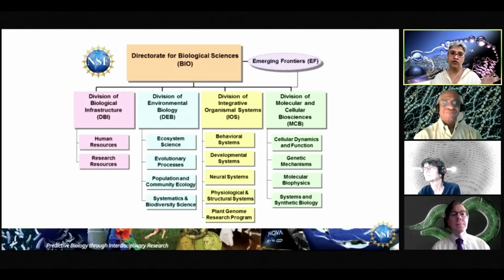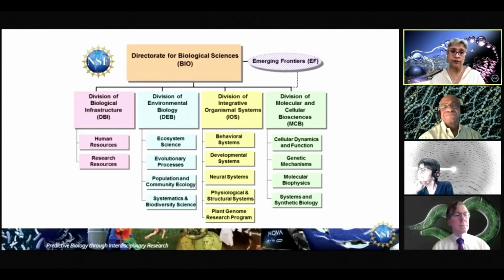The division of biological infrastructure is first on the left in this organizational chart. It supports the infrastructure and human resources needed to advance biological research and education. Then we have the division of environmental biology, and this supports evolutionary and ecological research from species to ecosystems.